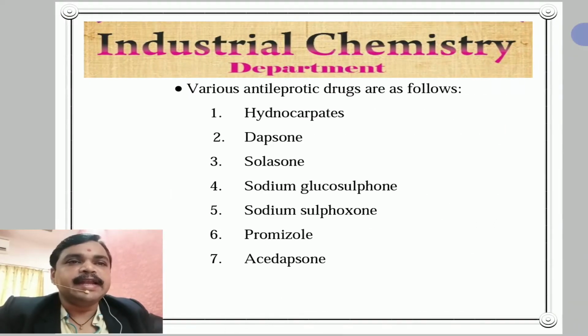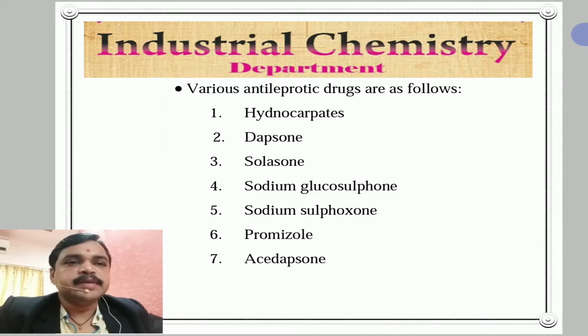Various anti-leprotic drugs are used in the treatment of leprosy. So we list out all the drugs which are used in leprosy as anti-leprotic drugs. Number 1, hydnocarpates. Number 2, dapsone. Number 3, solapsone.